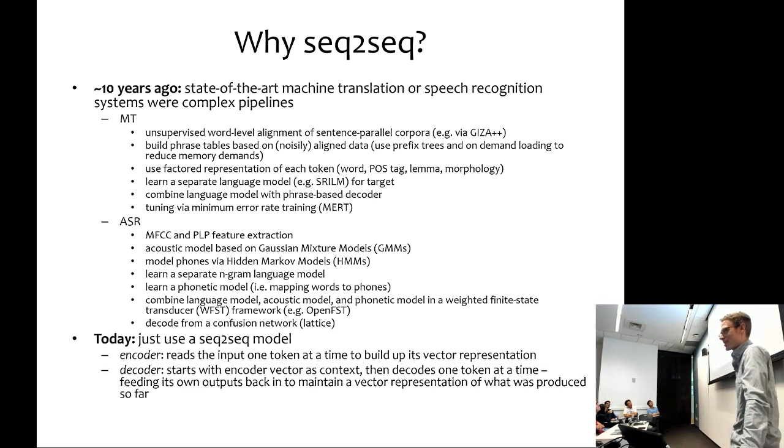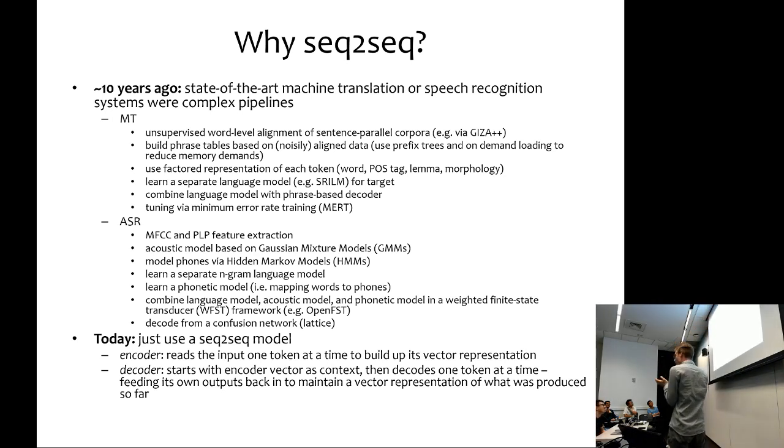Today, we just use a sequence-to-sequence model. Okay, here's how it works. The encoder reads in the input, say 1 token at a time or 1 acoustic frame at a time. And as it's going, it's building up and adaptively changing a vector representation of that input. At the end, you get 1 vector representing the entire input. The decoder then starts with that vector that you just produced as context, and it decodes 1 token at a time.